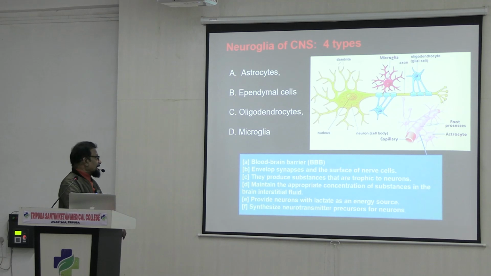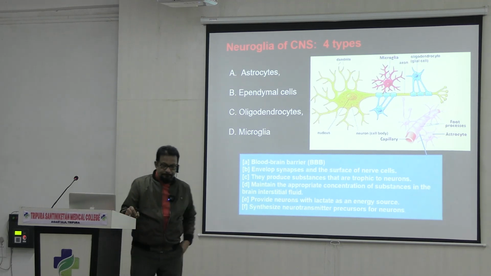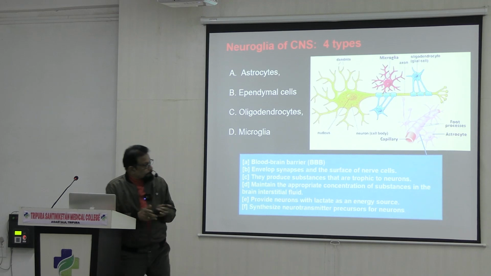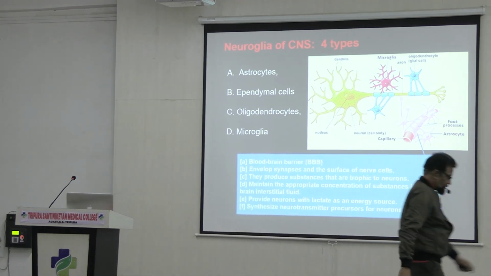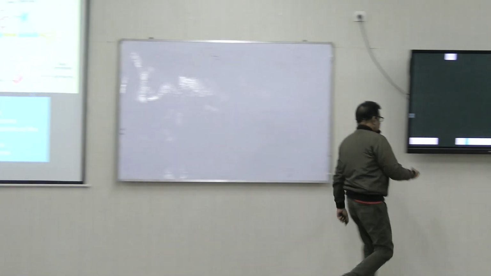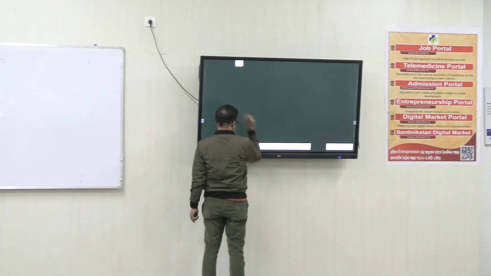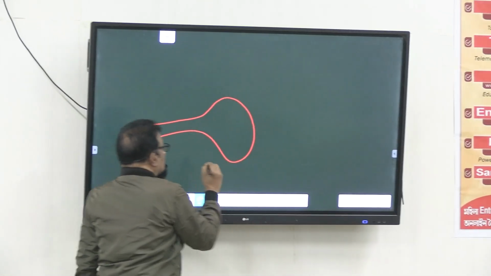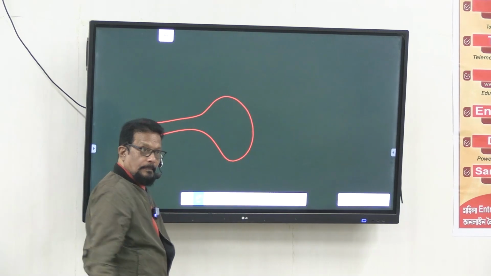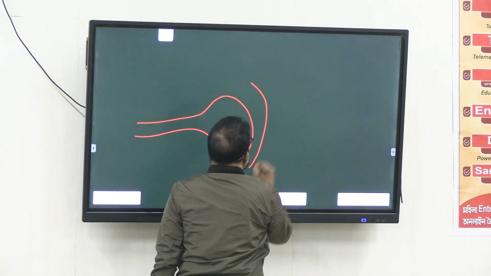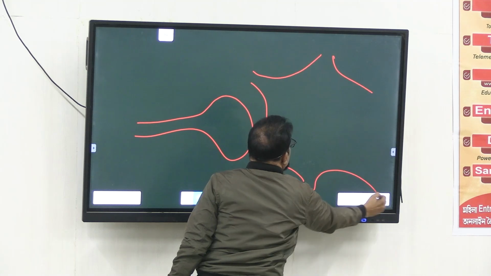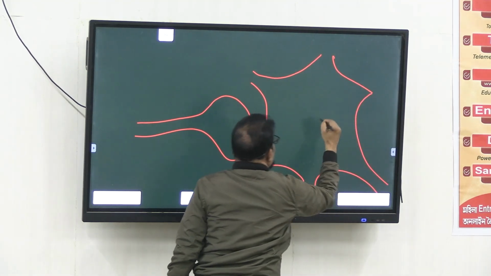They envelop synapses and the surface of the nerve cells. In the synapse, what is axon nerve? This is the synaptic nerve, and suppose this is the cell body.